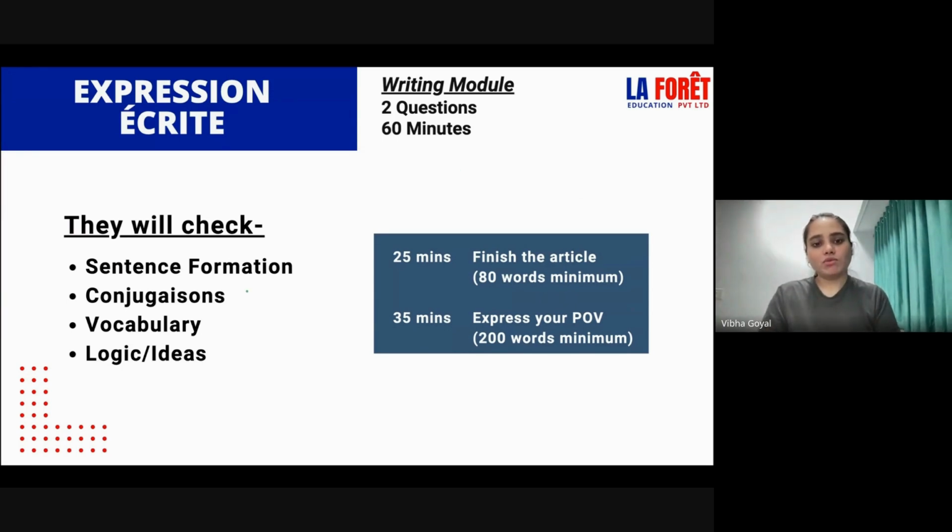I was saying, for sentence formation and conjugation, variations are very important. Don't write everything in plain, simple format. For sentence formation, use active voice, passive voice, direct, indirect sentences. And for conjugations, use minimum one subjunctive, minimum one conditional.